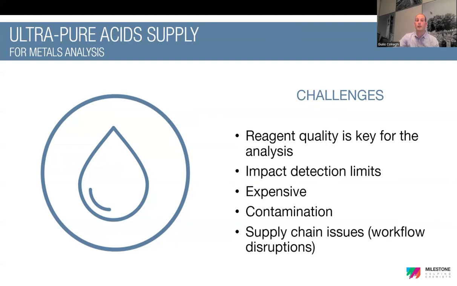And if we are not able to get the acid due to some supply chain issue, we also face workflow disruption. The quality of the acid is key because often it is used for ICP and ICP-MS analysis, but also for cold vapor atomic fluorescence and cold vapor atomic absorption analysis.